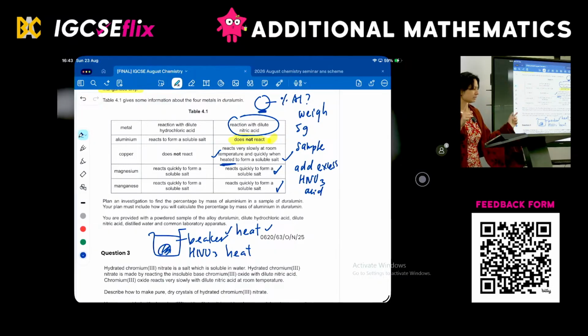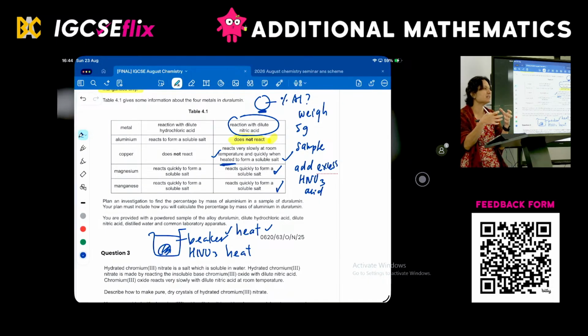Okay. Weigh a 5-gram sample of duralumin, 1 mark. In a beaker, add nitric acid in excess. There's another mark. Heat it up. Alright, heat it up together. And then, after you heat, react.